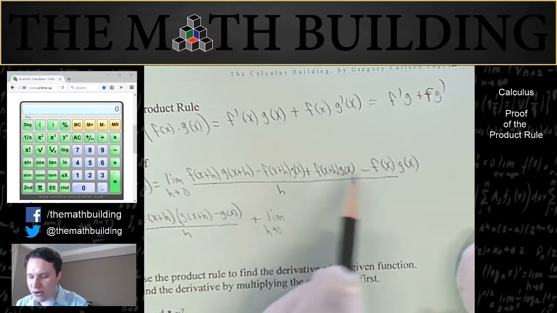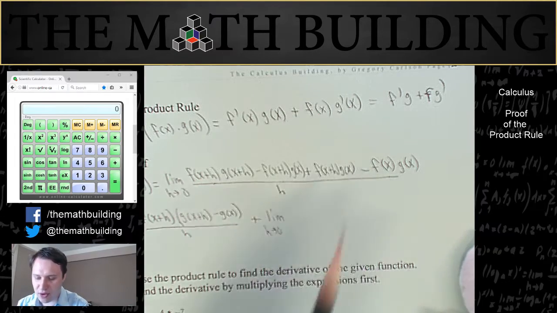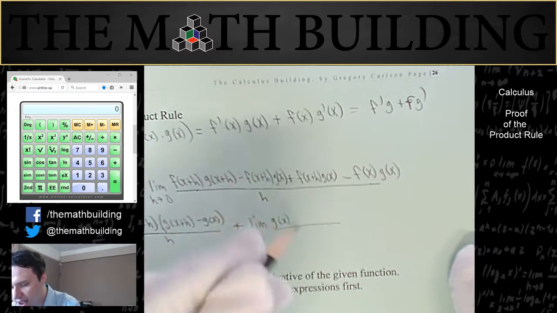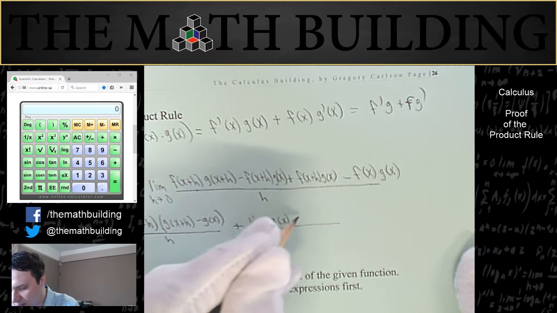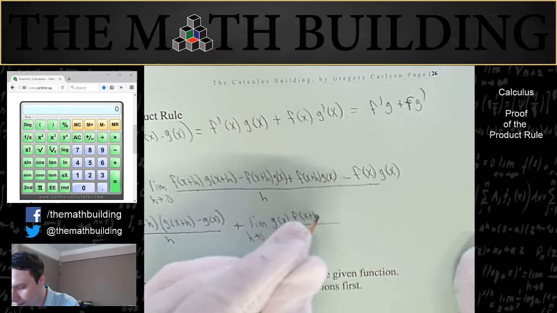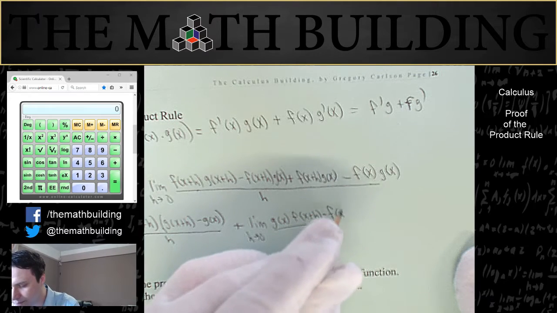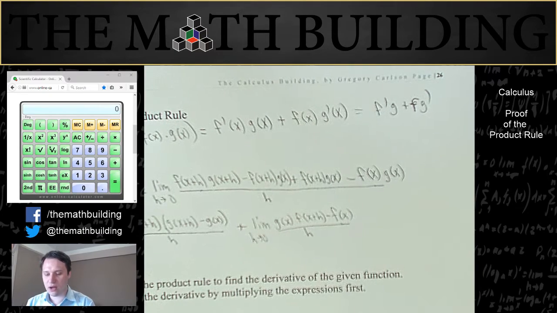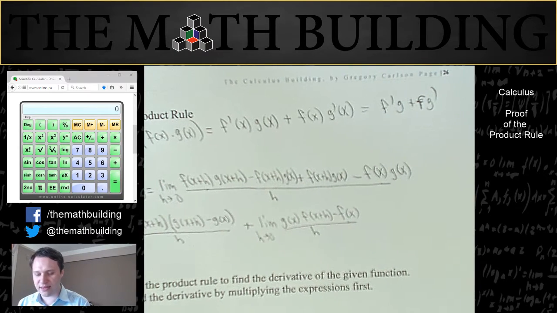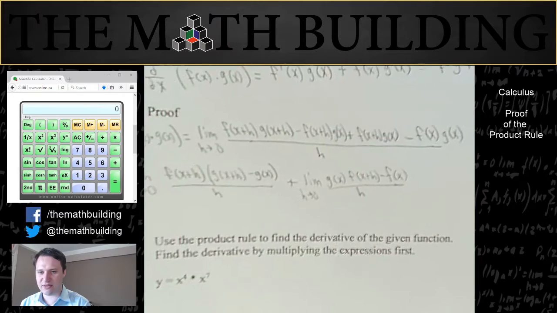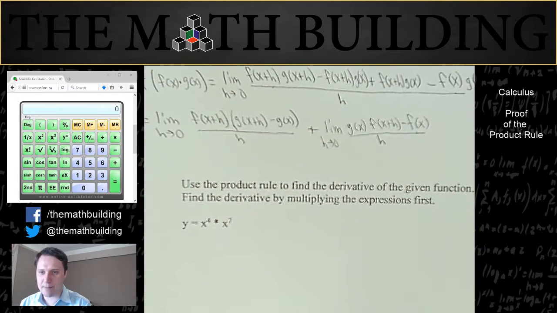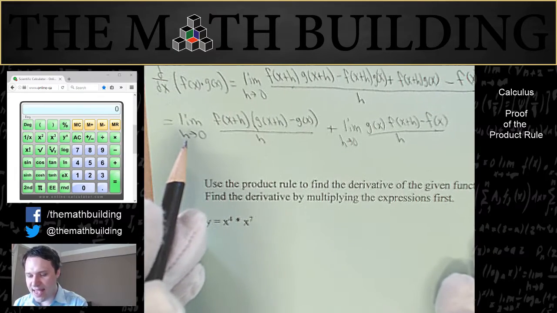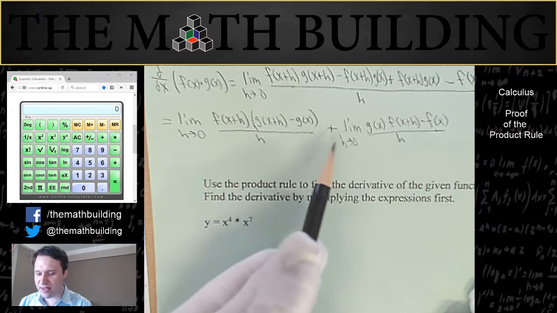And over here, I'm going to factor out the g of x. So this is going to be g of x, and then we have f of x plus h minus f of x all over h. So you can see what we just did there. You can see how I've broken it up into two limits. And basically what's going to happen is we can take this limit and apply it to these things separately.